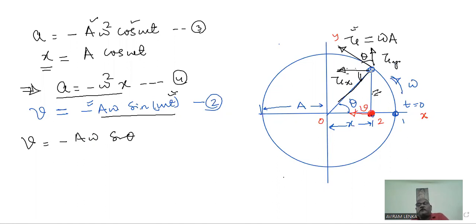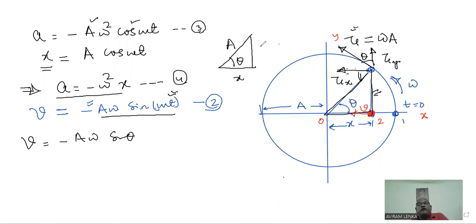If we consider this right angle triangle that we get here, the base is x, the hypotenuse is the radius, that is amplitude a, and this angle is theta.